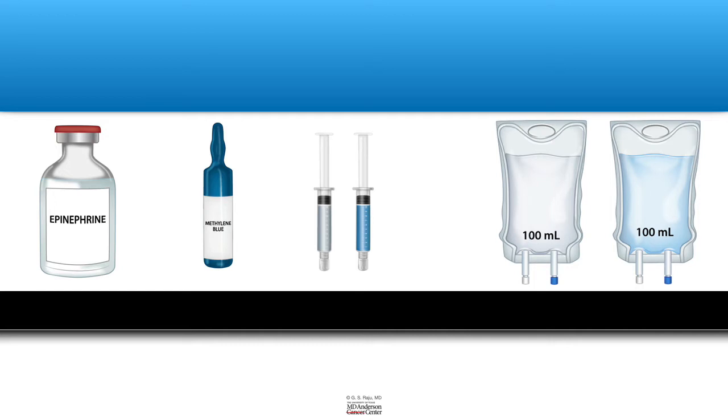Or you could inject saline mixed with a little bit of dye, either methylene blue or indigo carmine. The blue dye stains the submucosa, the connective tissue, blue, so that it helps the endoscopist figure out the depth of resection once the cut is made.